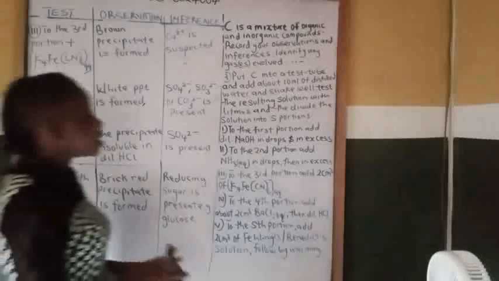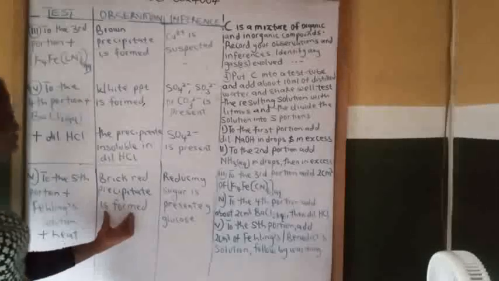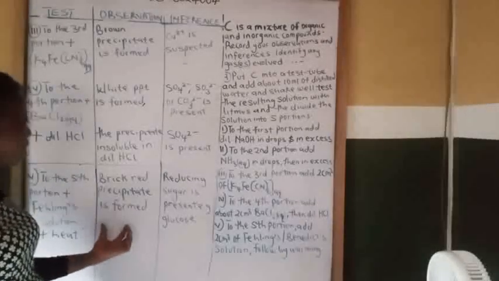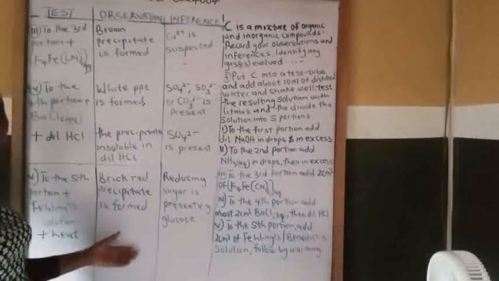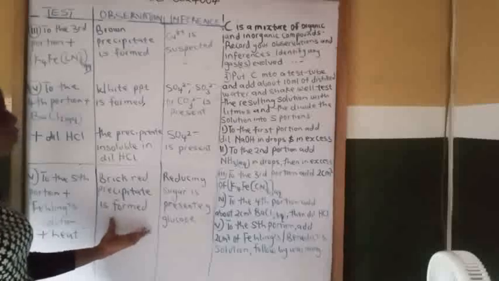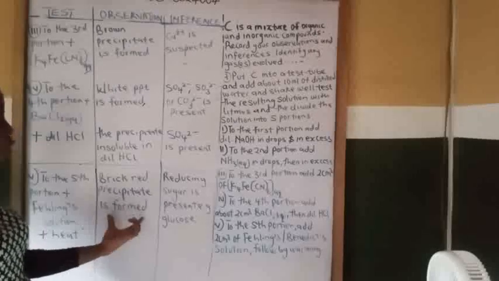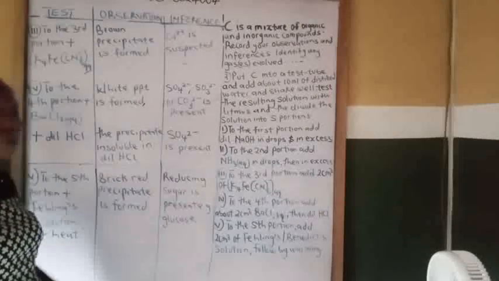The same thing with Benedict solution. If you add Benedict solution, it will still give you brick red precipitate of copper 1 oxide. But you don't need to write copper 1 oxide. So brick red precipitate will be formed on addition of either Fehling solution or Benedict.